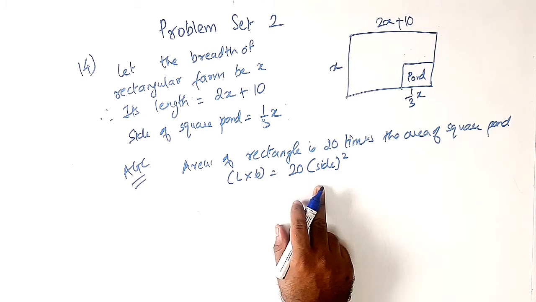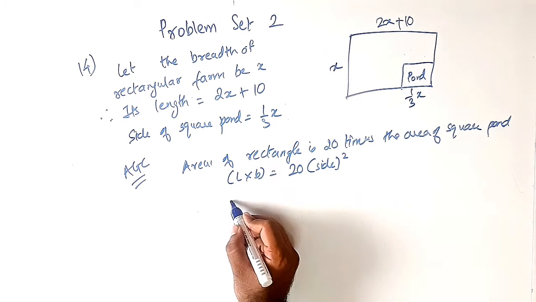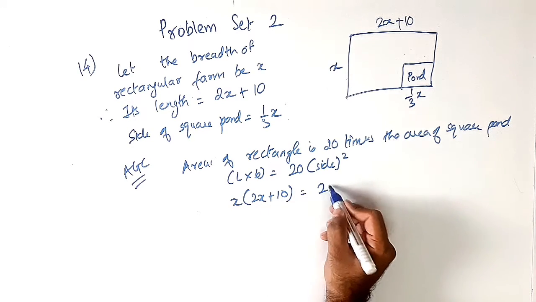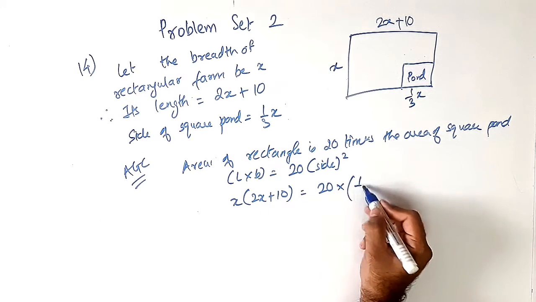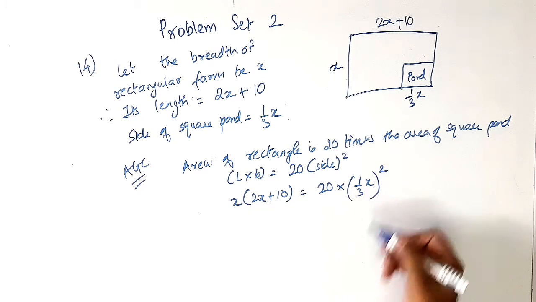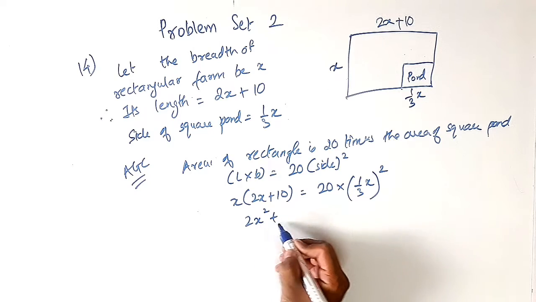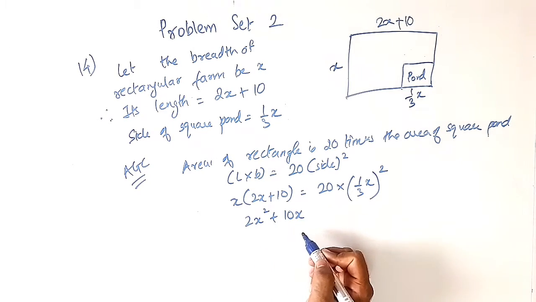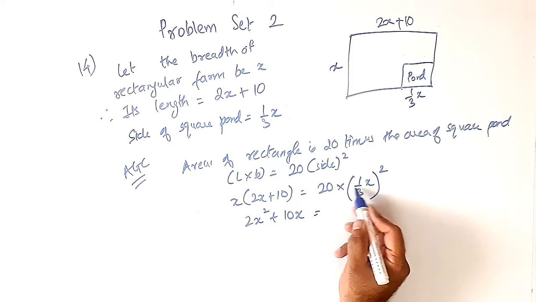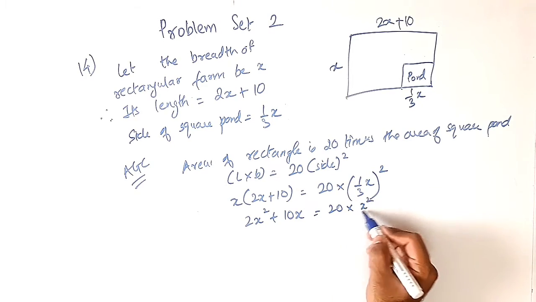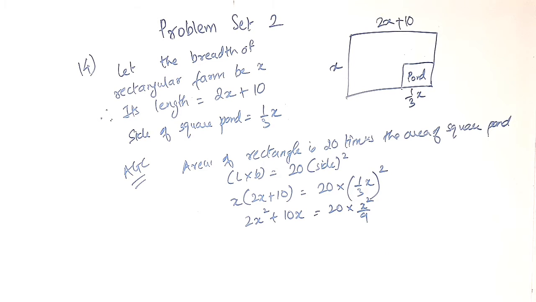Area of square is side square. So I'll write here x bracket 2x plus 10 is equal to 20 into side square. Now this becomes 2x square plus 10x. And first I will make the square. This will be x square upon 9.